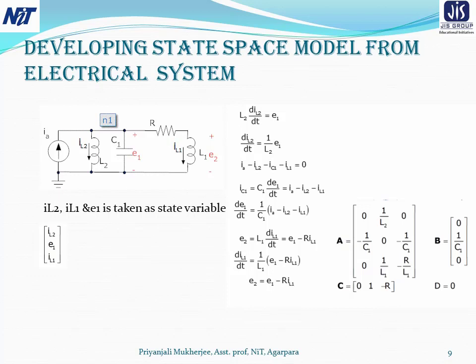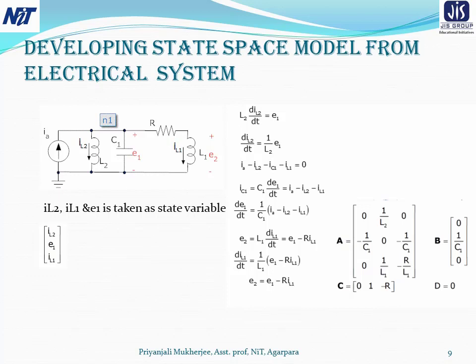If we rewrite these equations in the general state equation form, x dot equals Ax plus Bu and y equals Cx plus Du, we find that the A matrix, or the system matrix, has for IL2 dot: 0, which is the coefficient of IL2, 1 by L2, the coefficient of E1, and 0, the coefficient of IL1.